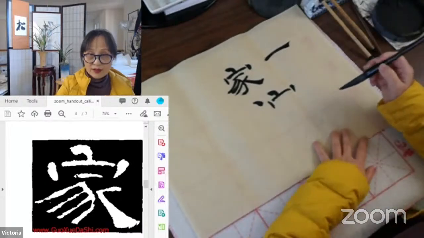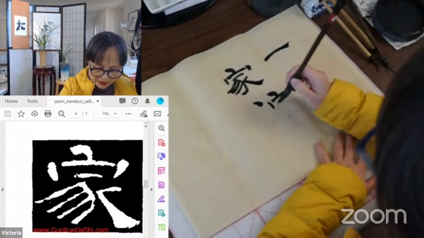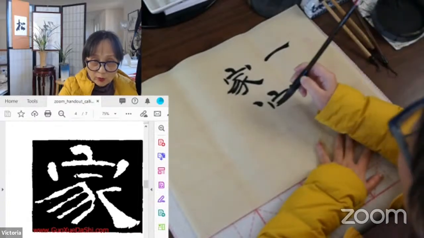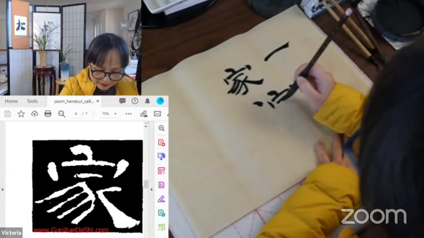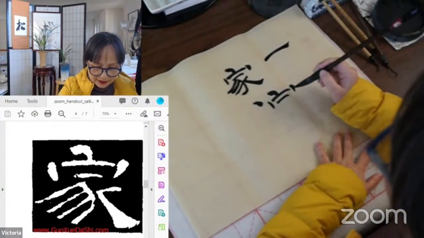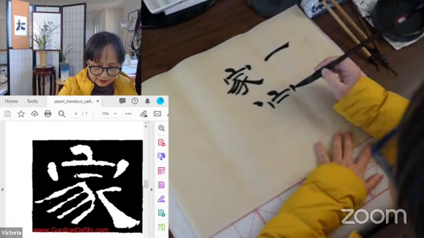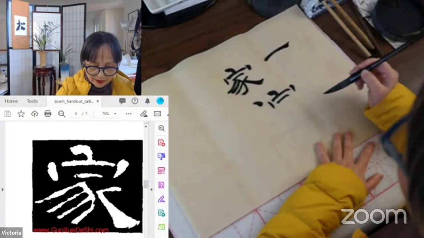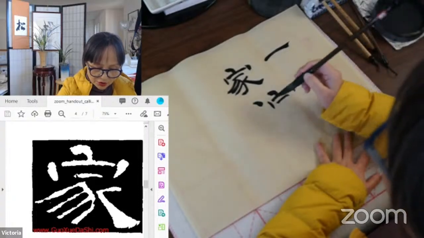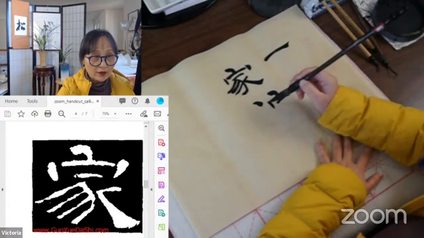I recall on Hugh's last homework, for the roof, writing the top radical, do not do those too small.